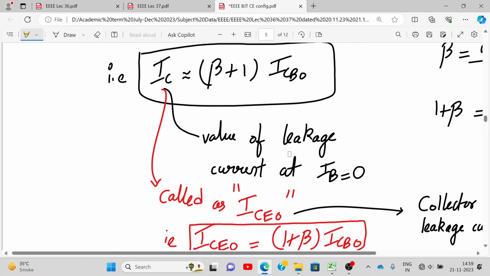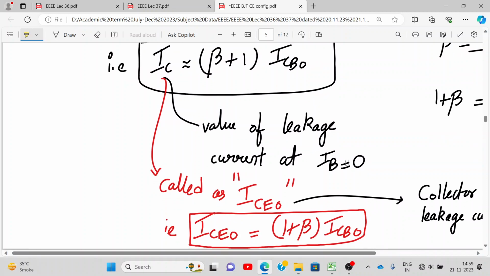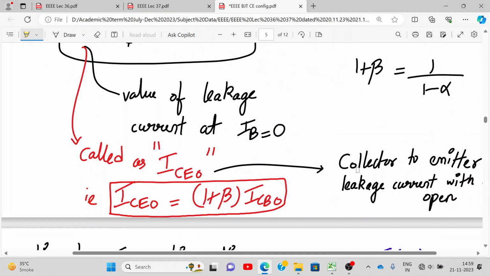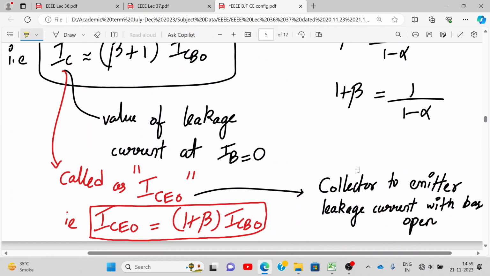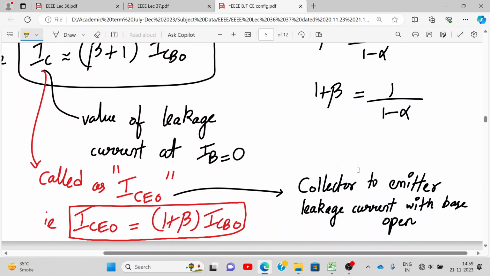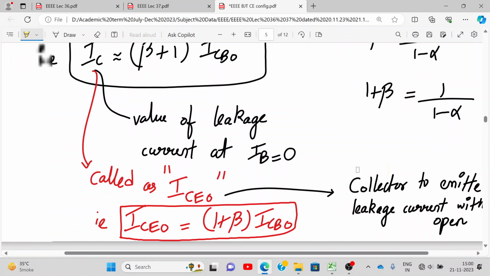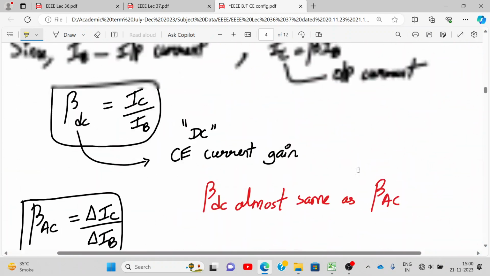This is the reason why current is non-zero even if IB is 0. This is the value of the leakage current at IB equal to 0. It is also called ICEO. ICEO is the collector to emitter leakage current with base open, and ICBO is the collector to base leakage current with emitter open. ICBO and ICEO. So that's how it operates.